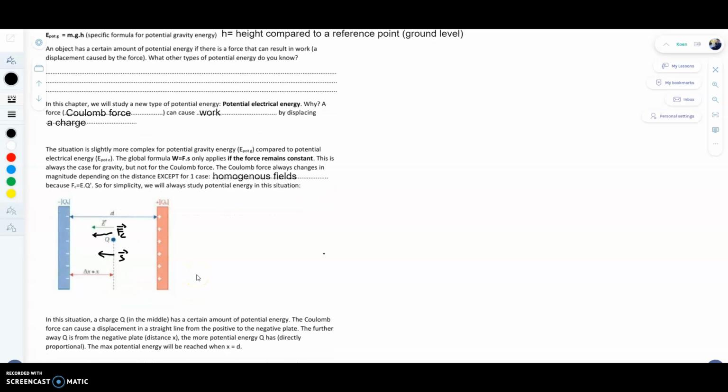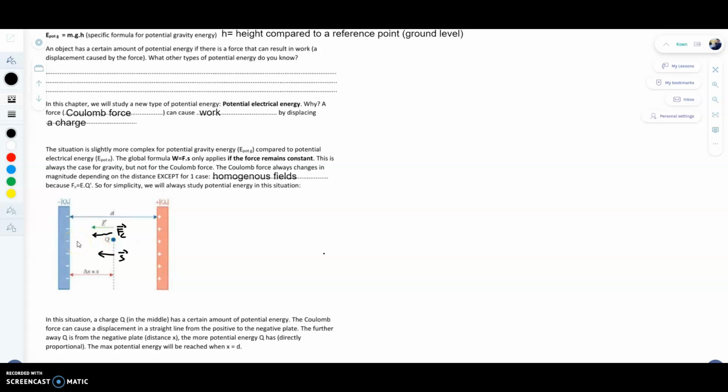If this is the case, then we say that positive work has occurred, that the force will have performed positive work. Gravity can do that by dropping something down. Electrical potential energy, the Coulomb force, can do the same by bringing a positive charge towards the negative plate.